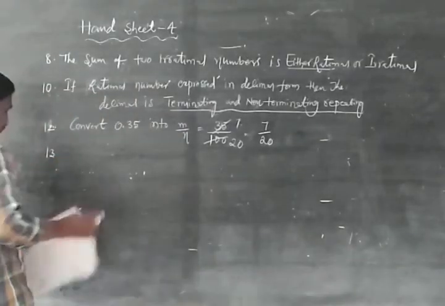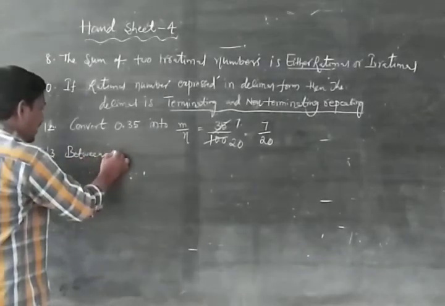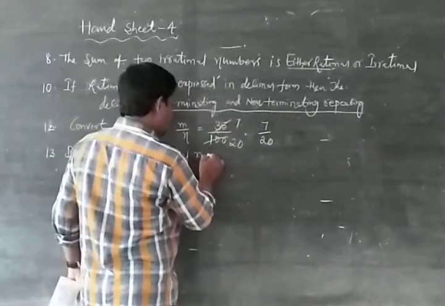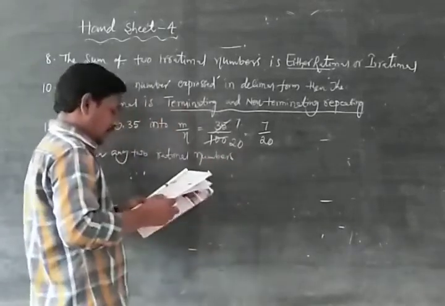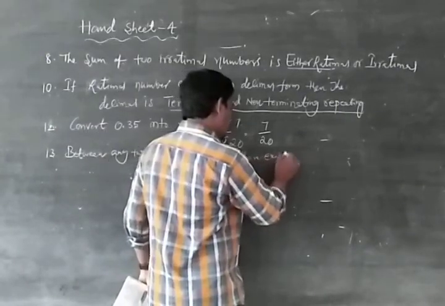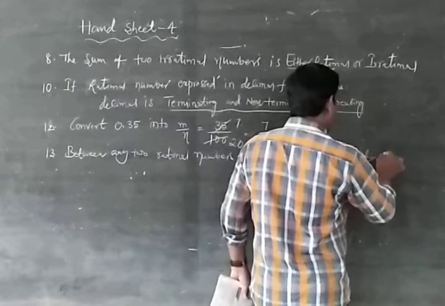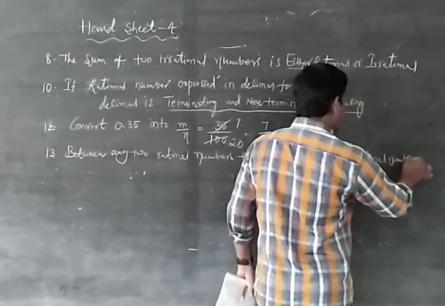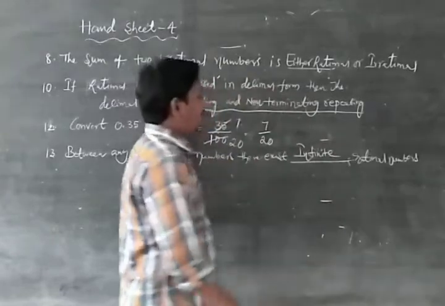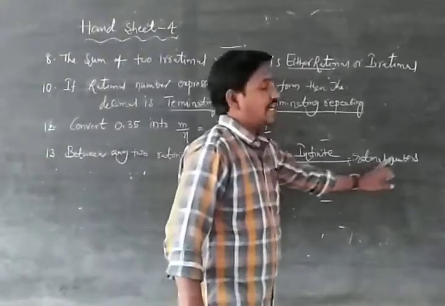So between any two rational numbers there exist infinite rational numbers.